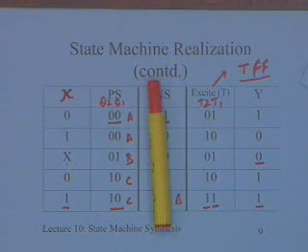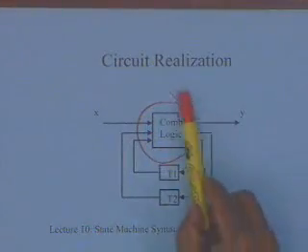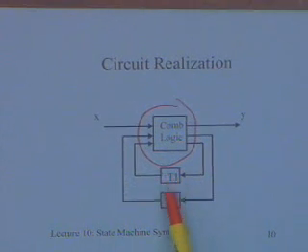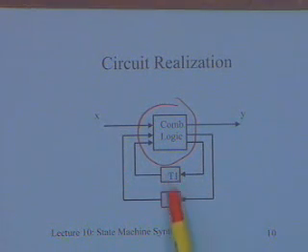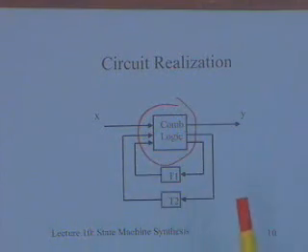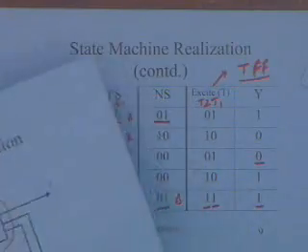I can take it as don't care, because that will help me minimize the circuit. So once I design the combinational logic, my job of realizing the state machine is over. I already designed my flip-flops, the state register, and I also realized my combinational logic from this, and I will get the required circuit.